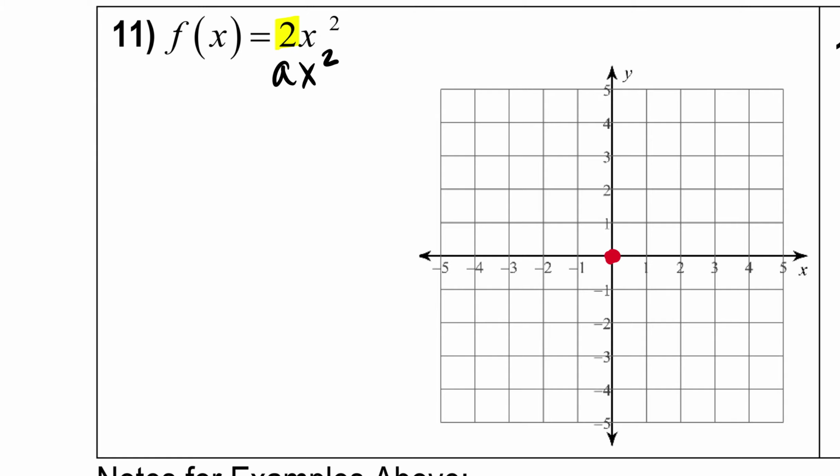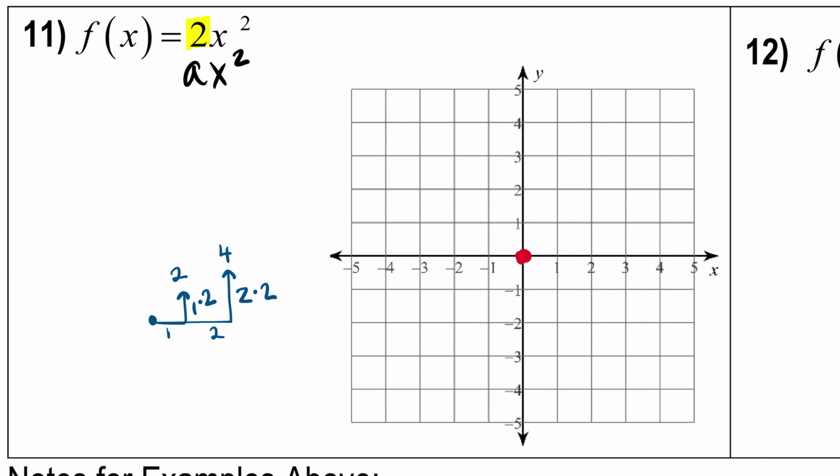If I were doing my quadratic pattern, let's say here's my vertex, I would go over 1, up 1, right? And then over 2, up 2, right? Now, because I have a, I'm actually going to do 1 times 2, 2 times 2. So I'm actually going over 1, up 2, over 2, up 4. So everything is doubled because I'm multiplying by 2.